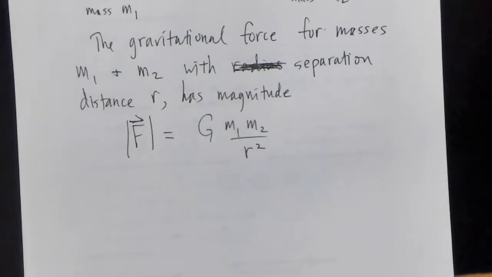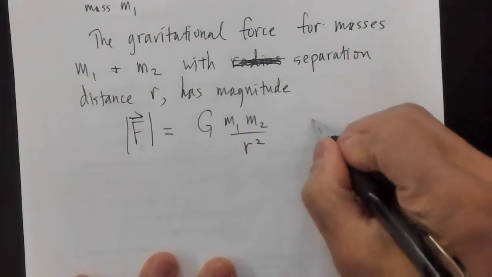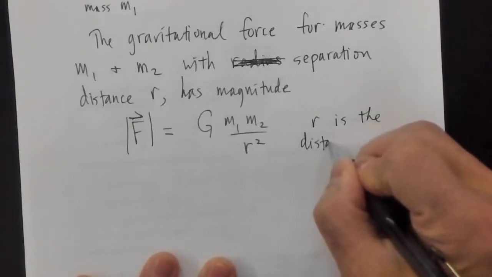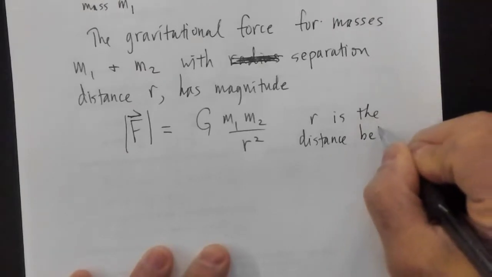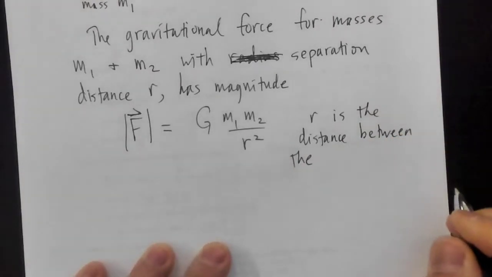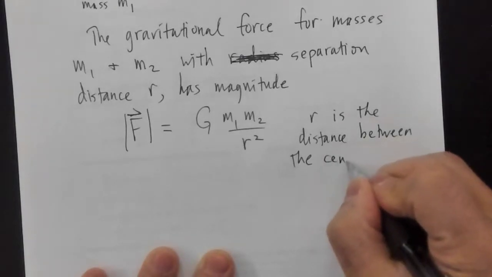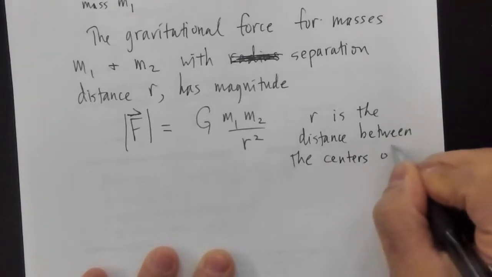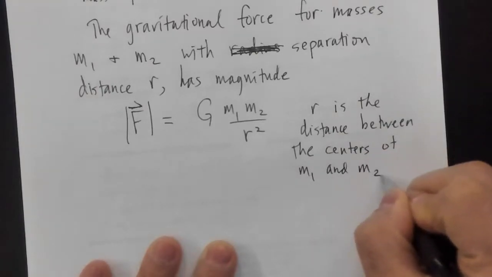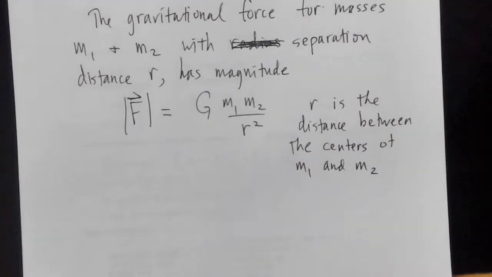Okay? So to be precise, r is the distance between the centers of the masses m1 and m2. Now, what is this capital G?